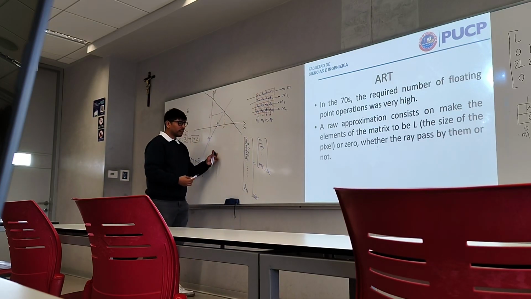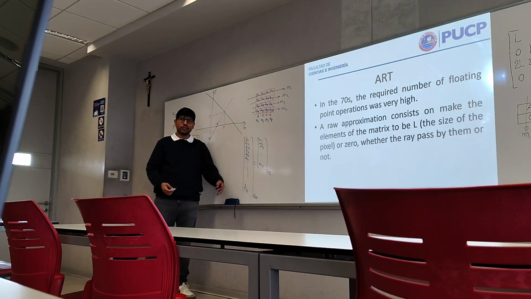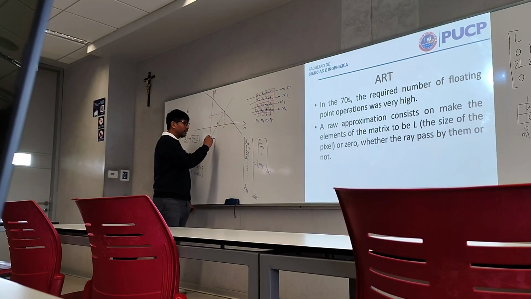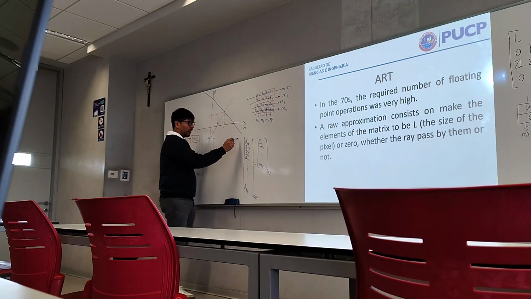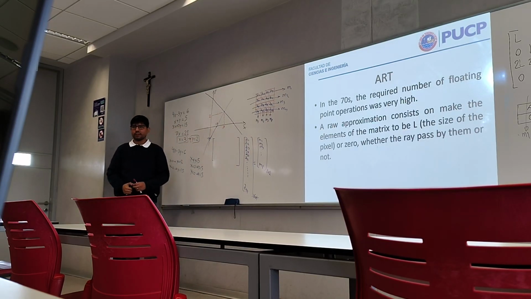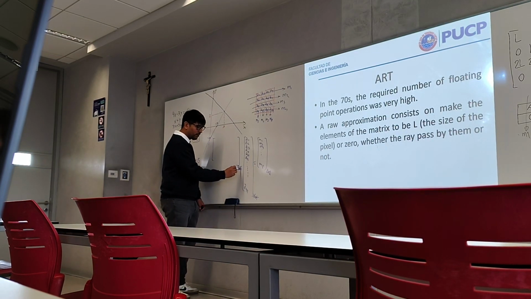So it means the matrix that will convert these unknowns to these measurements. What is the size of that matrix? What should be the size? How many rows or columns should it have? 8 times 16.